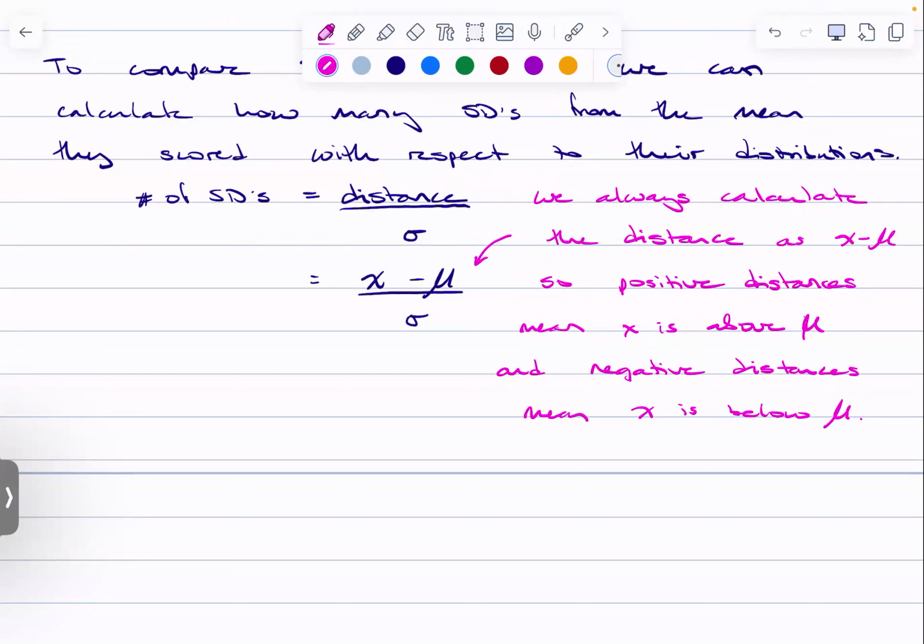Instead of talking about the number of standard deviations X is from the mean, the number of standard deviations X is from mu, technically is what we're calculating. We start calling these Z. And so a Z is a standardized value.